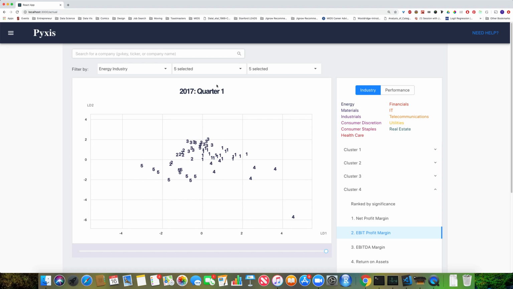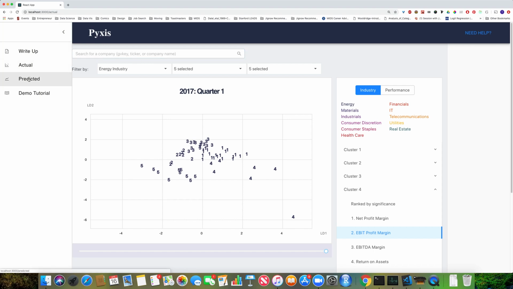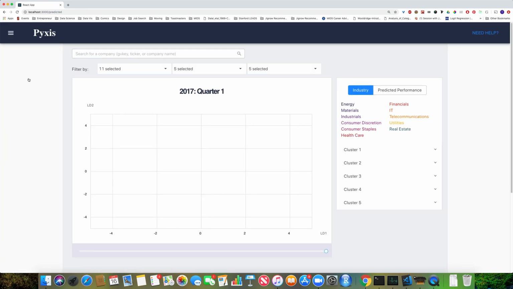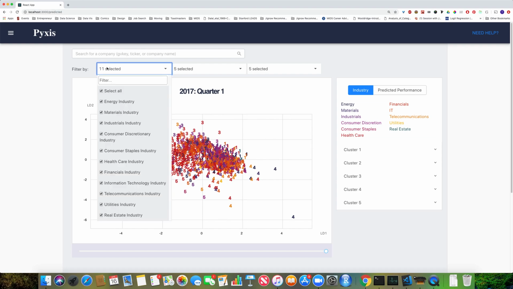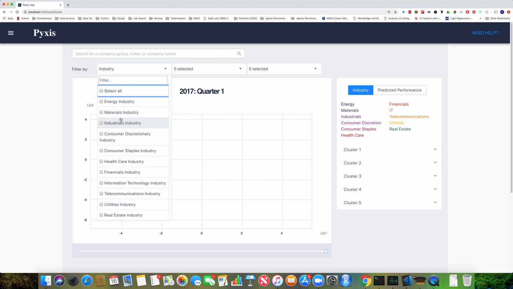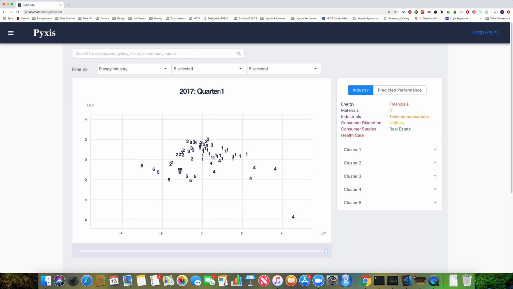But I can further refine this to just focus on stocks that Pyxis predicts will perform well in the upcoming year. So if we go to our machine learning product, which will predict the 1-year forward returns, and we do the same thing again with just the energy industry, but we want to focus on the best of the best.